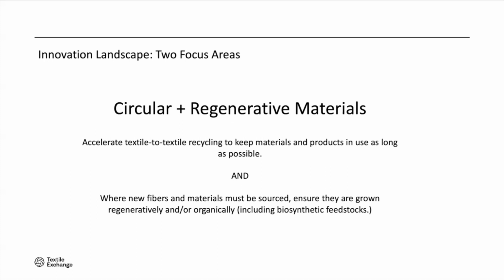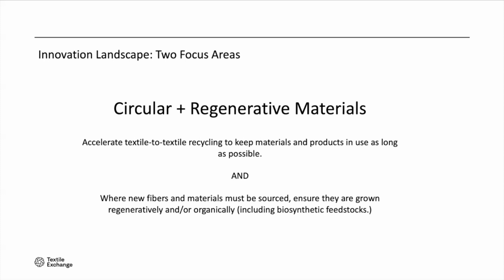So a great example of this is bamboo. You may have seen clothing or bedding or towels that are advertised as being made of bamboo. Bamboo is a renewable resource, so that's great from the feedstock perspective. And there have actually been some lawsuits against some brands for touting bamboo as a more sustainable material source because of how energy intensive and chemical intensive it can be in the processing phase.